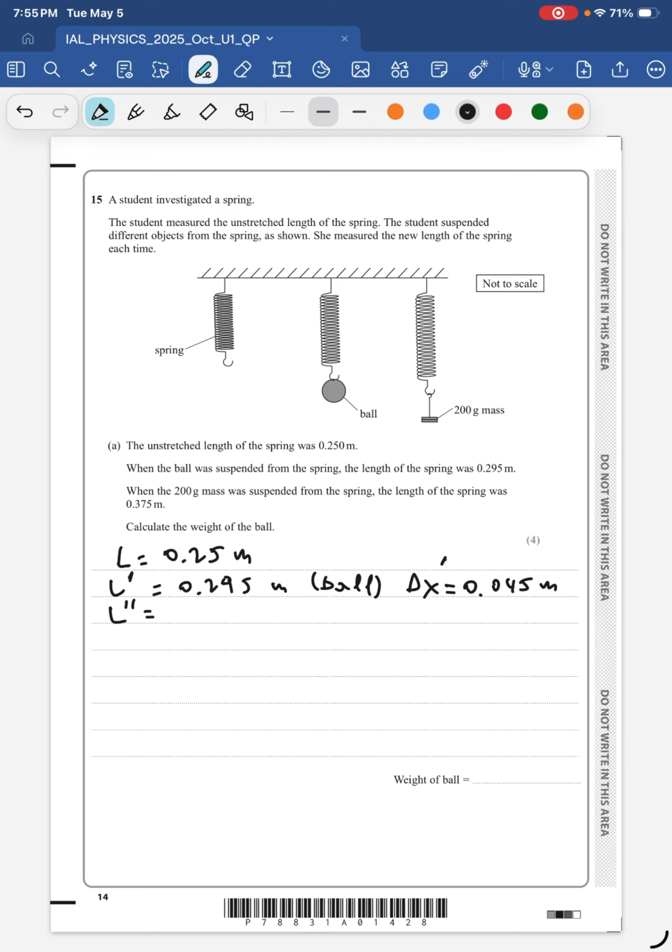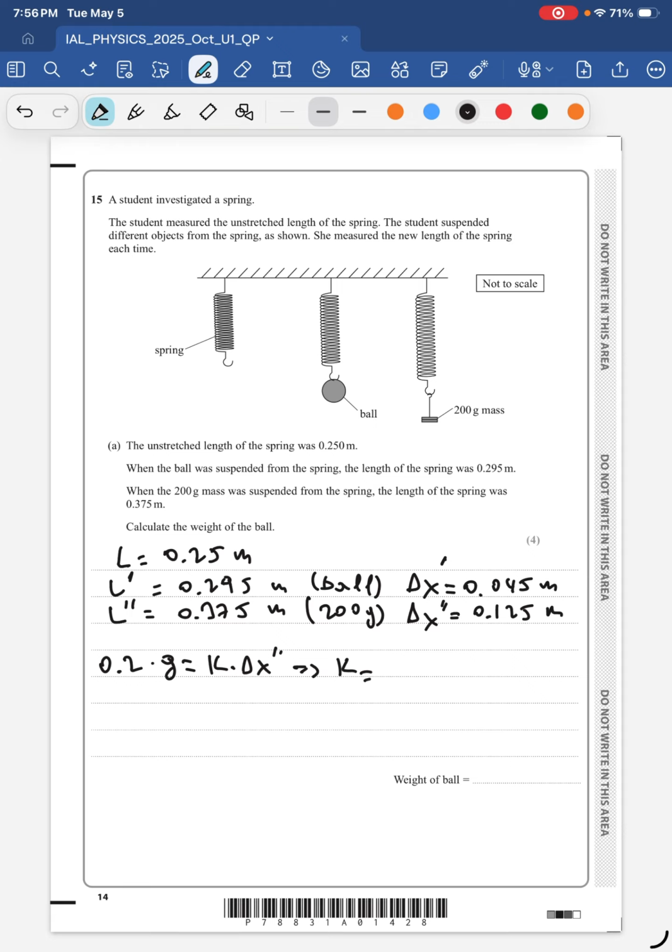And then L double prime is 0.375 meters when we hang the 200 grams of mass. So delta x double prime is 0.125 meters. Okay, so when we hang the mass of 200 grams, which is 0.2 kilograms, 0.2 kilograms times g is k times delta x double prime.